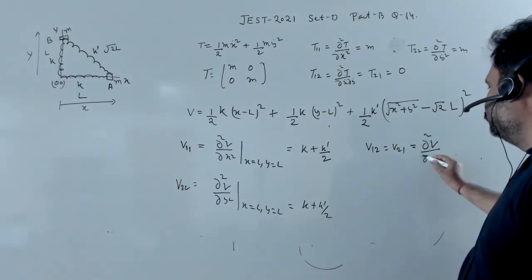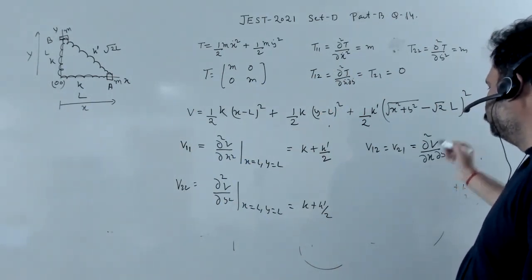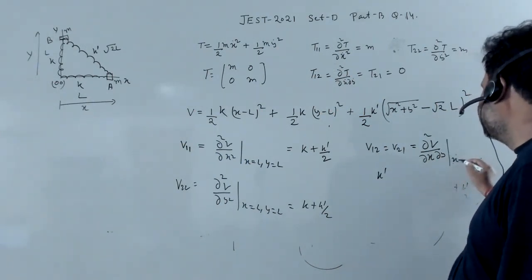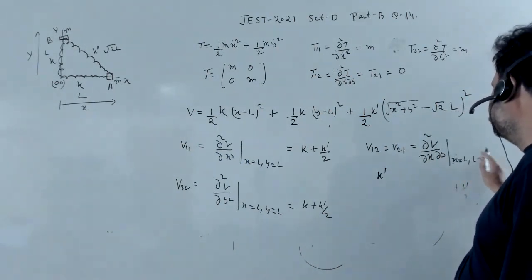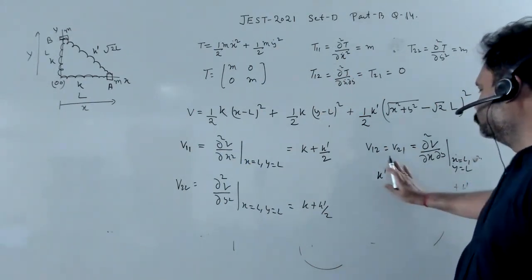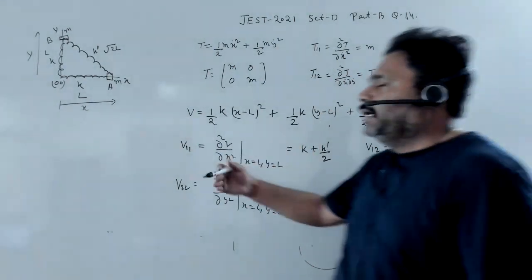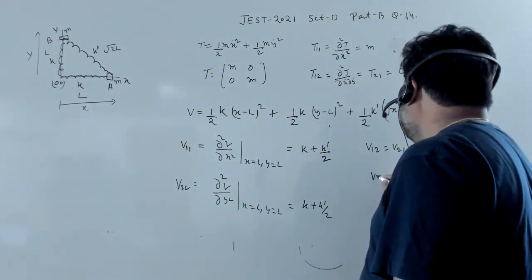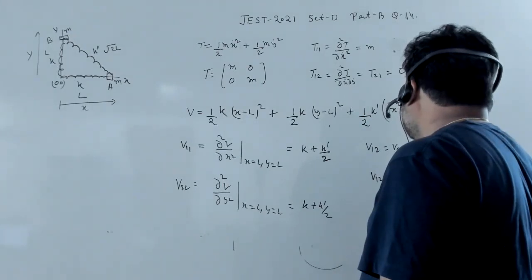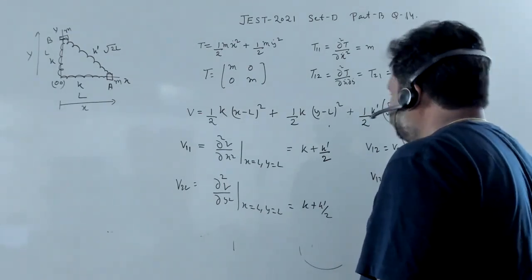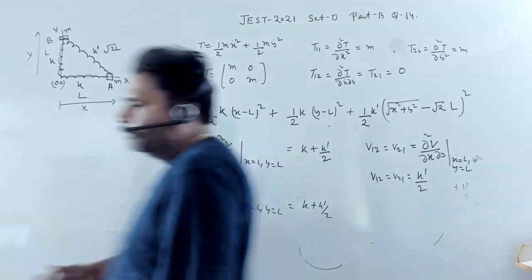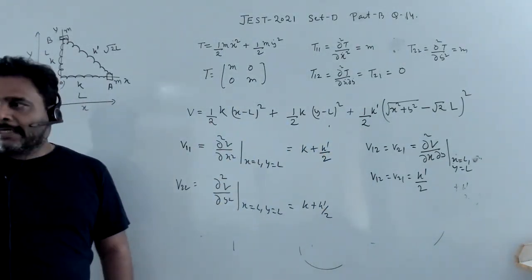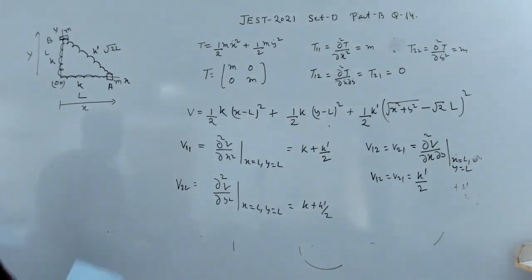So del square V upon del x del y at the point, obviously, x is equal to L and y is equal to L. These are the equilibrium point, and we can calculate V12 is equal to V21, that is basically k dash by 2. If I am not doing any wrong calculation, then obviously this will be the result of all the calculation. You can check it for yourself.